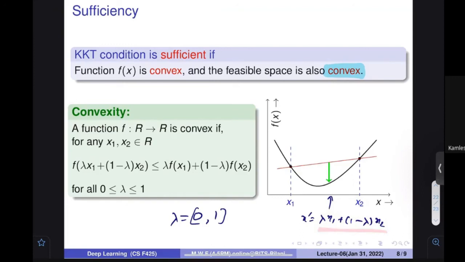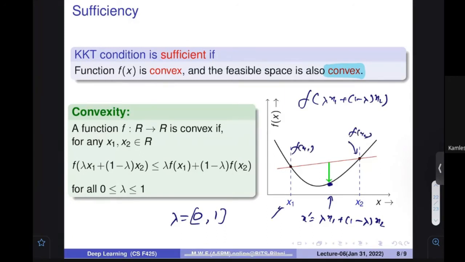If I ask you what the value of this function is at this particular point, you can say f of (lambda times x1 plus (1 minus lambda) times x2). This is the value the function has at this point. The value at x1 is f(x1), and the value at x2 is f(x2).